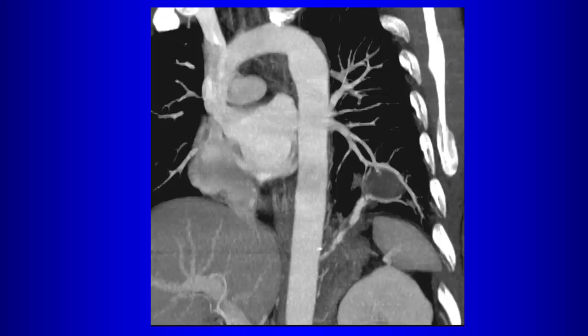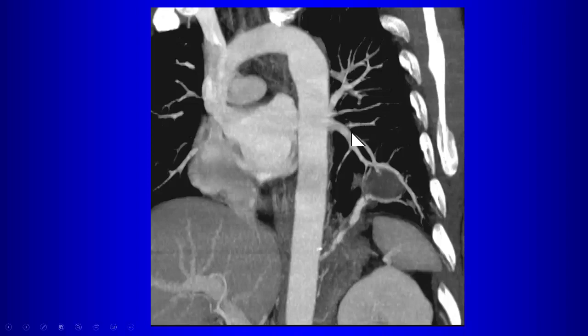Are there multiple feeding vessels? What's the feeding vessel? The one from the aorta. Do you see the feeding vessel? It's this guy coming off the aorta, right? Yeah. What about the draining vessels? Where are they going? It's the heart.